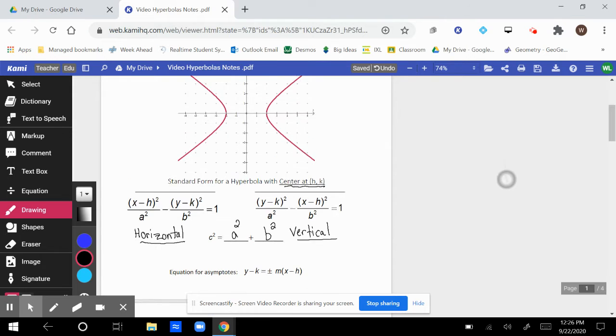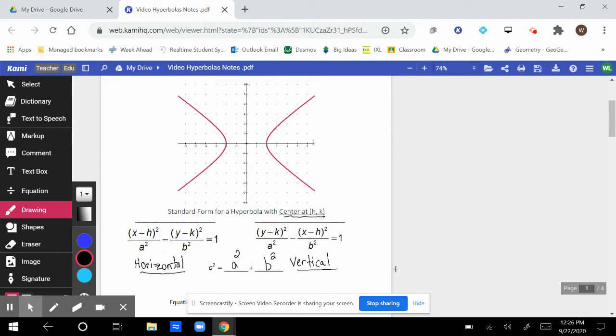In the case of a hyperbola, you actually have what are called slant asymptotes that basically form an X that goes through the center point of your hyperbola. That's where the two asymptotes intersect, and they help determine the shape of your graph. So once you know where your asymptotes are, those hyperbola curves approach those asymptotes without ever touching them.